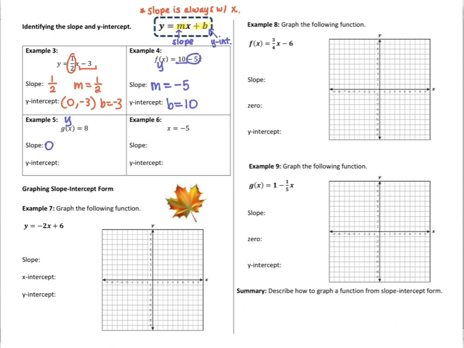If it's a y equals equation, then I have a horizontal line at y equals 8, which means I also have a y-intercept of 8. We're not going to spend too much time with these vertical and horizontal lines, but it is important. If you see something that doesn't have an x in the equation, that slope is 0.